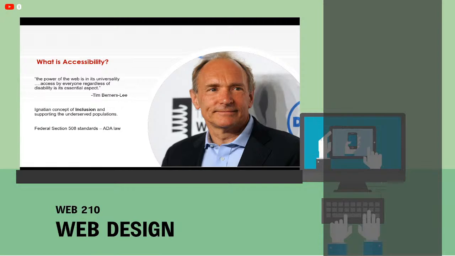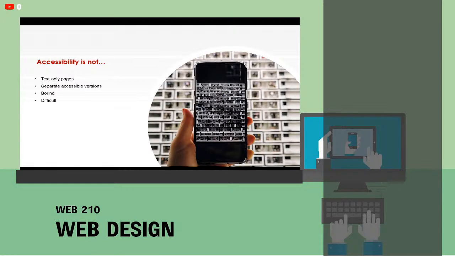But I think just as important as it is to consider what accessibility is, it's also important to consider what accessibility is not. Right? When we're working with accessibility and designing for accessibility, one of the big things is that we want equivalent experiences. Right? And we talked about experience.